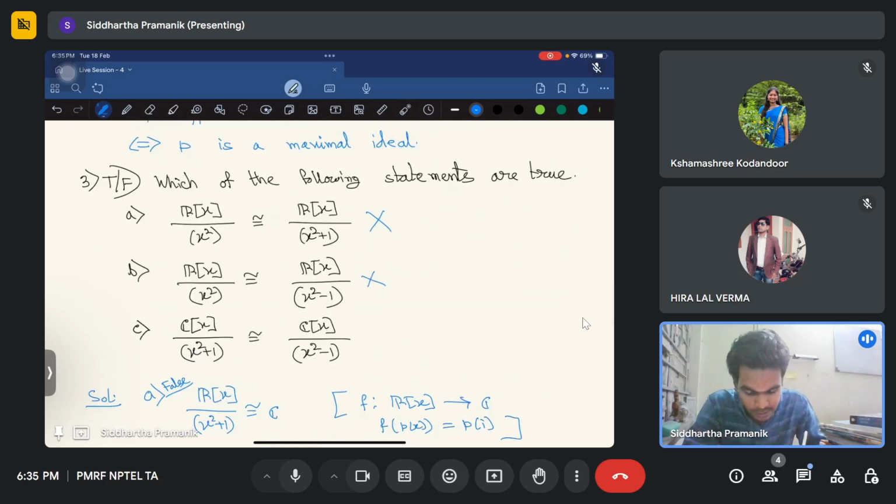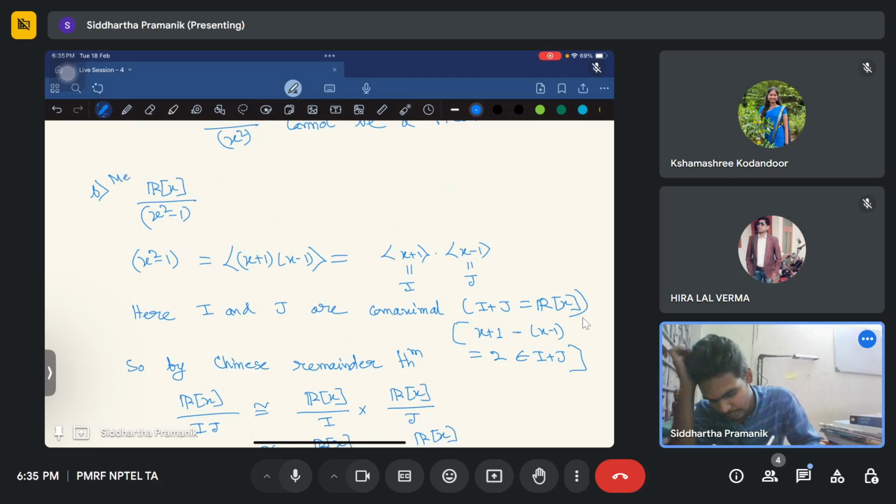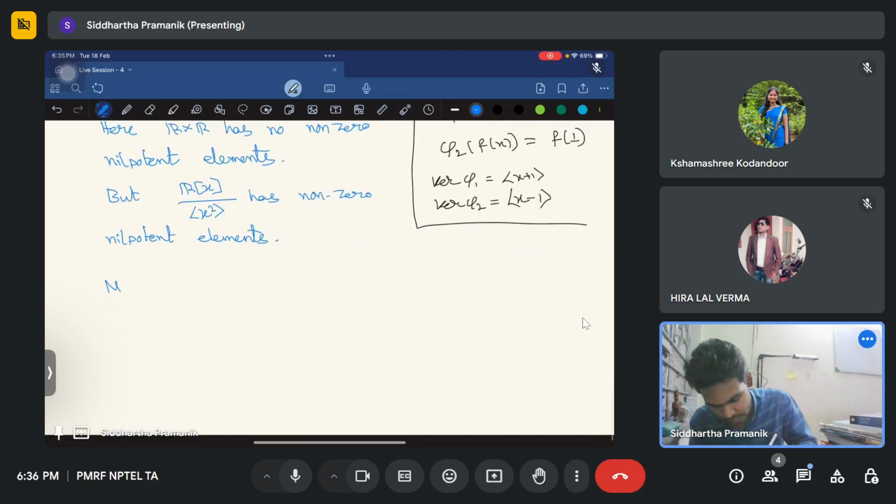Or the easiest thing you can do is, can you find the prime ideals of this ring, or the maximal ideals of this ring? Let me call this method 1, which uses the Chinese remainder theorem. Let's do it by another method.